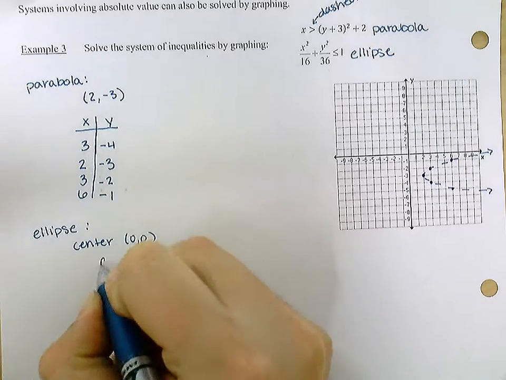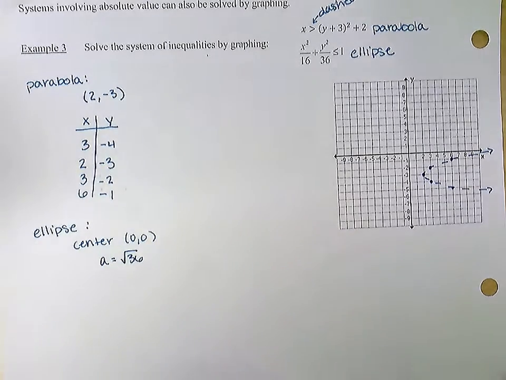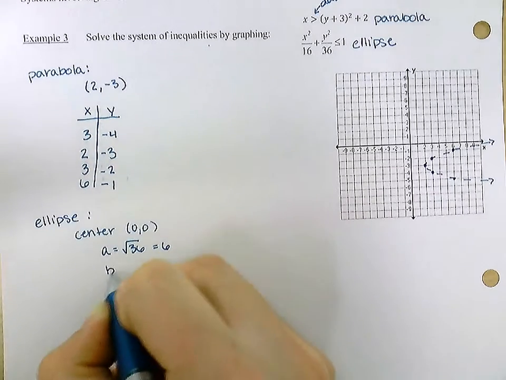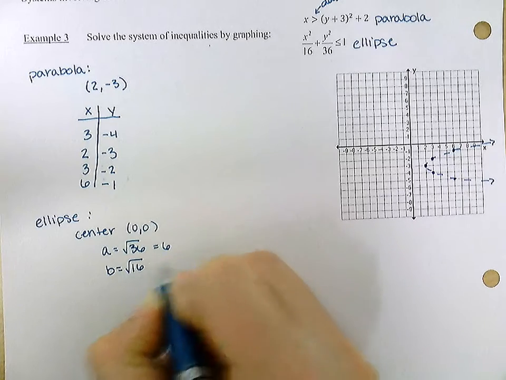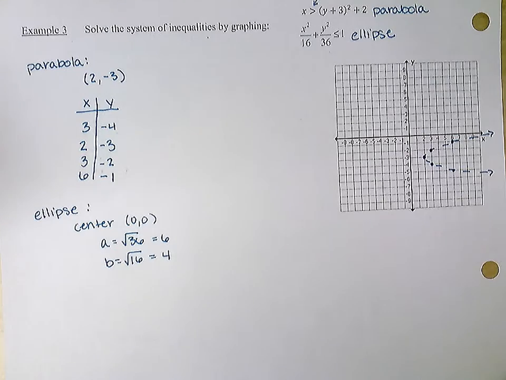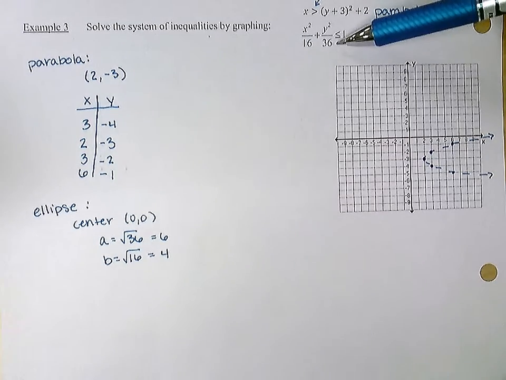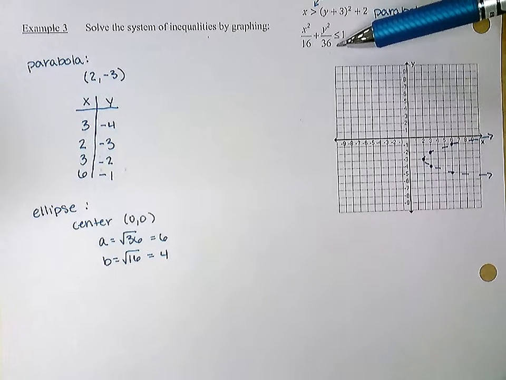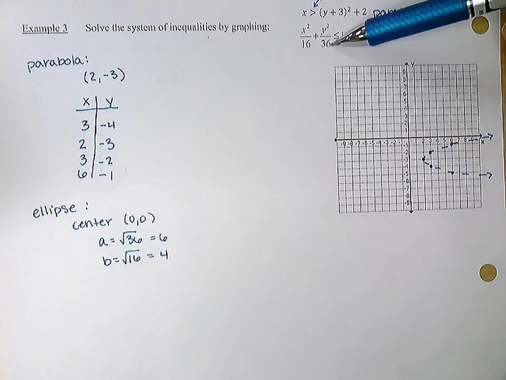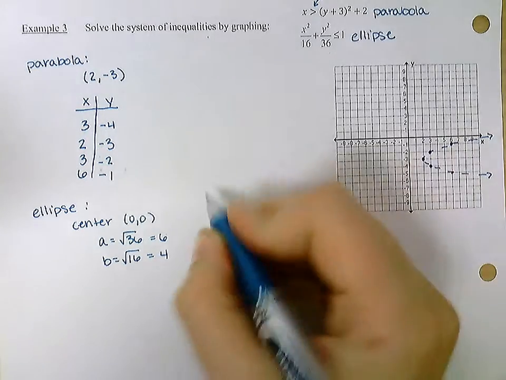So to find a, we'll take the square root of the greater number in the bottom. That's 6. And b is the square root of the smaller number. That's 4. Okay, that'll help us find our vertices and covertices. Since a squared is underneath y, this is a vertical ellipse because y's run vertically. Okay, greater number is underneath y and y's run vertically.